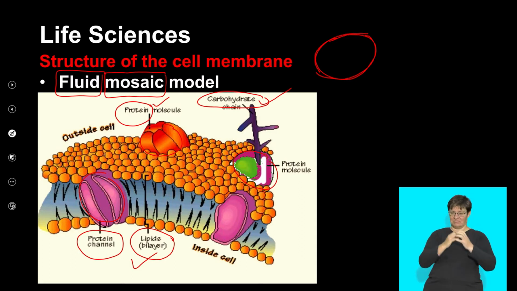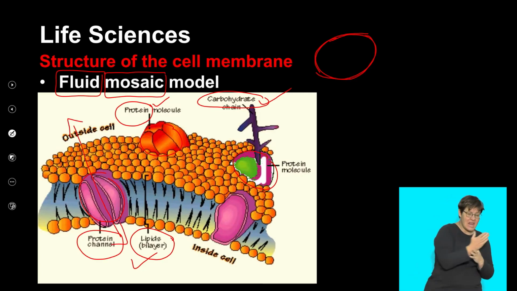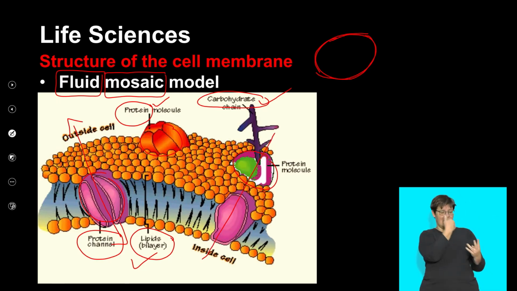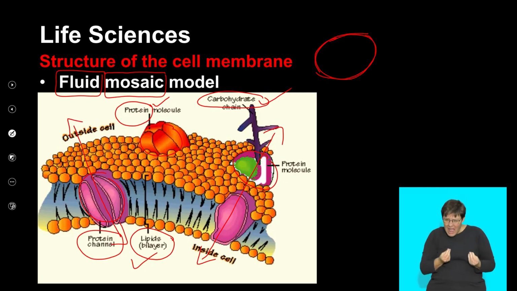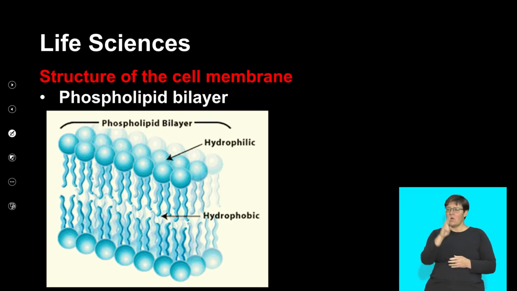Now, what we need to do is that things need to move in and out of a cell. So we've got to have a way in which things can move in and out. But have a look at the basic concept of the majority of the cell. The cell, let me go back here.